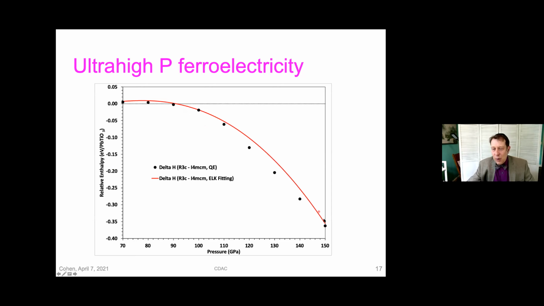So it really makes a difference which pressure you're dealing with. If you could do the single crystal diffraction at 150 GPa, I'll bet $1 to anyone that it's going to come out ferroelectric, consistent with our structure.